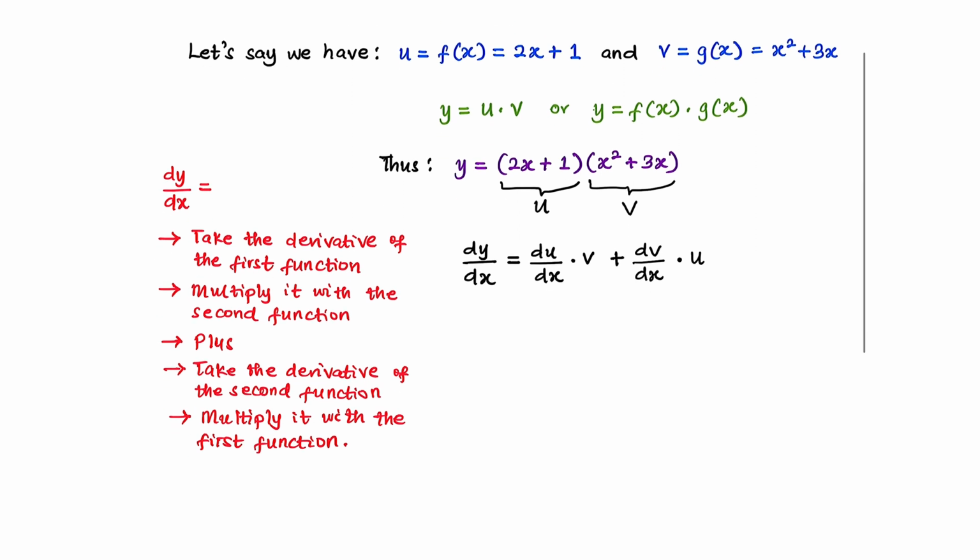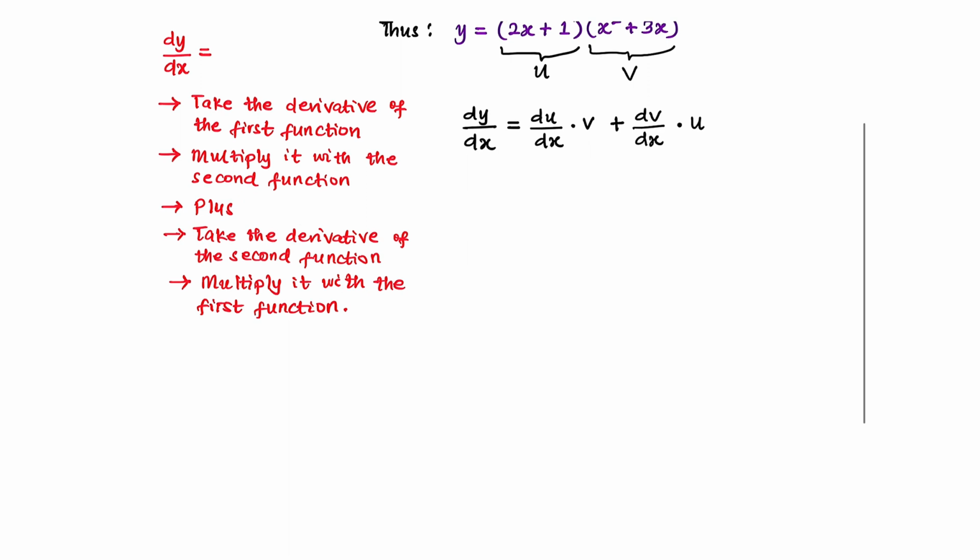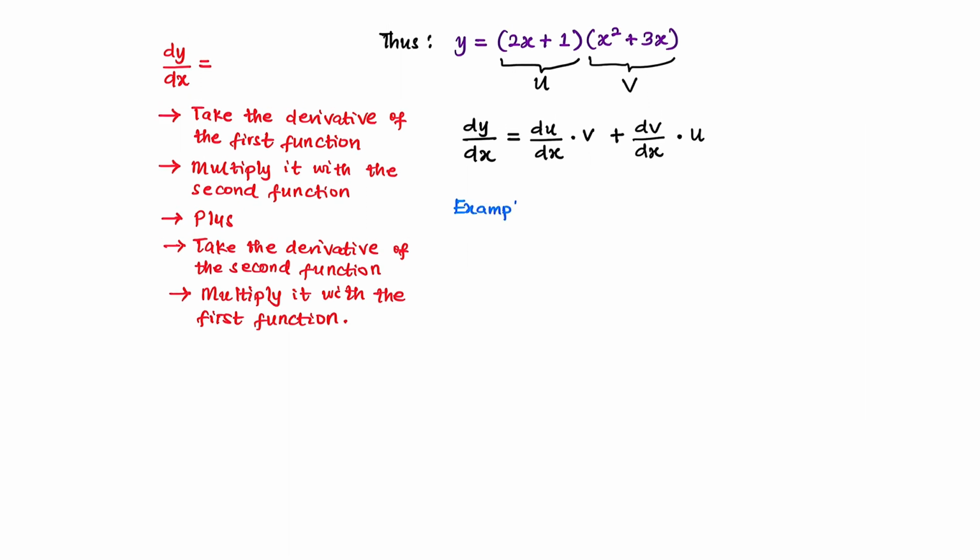The first example. Let's solve y equals 2x plus 1 multiplied by x squared plus 3x. So the dy dx says take derivative of the first function. This is our first function and this is our second function.